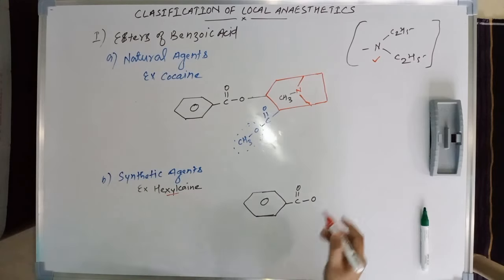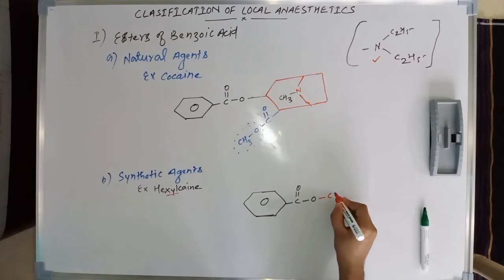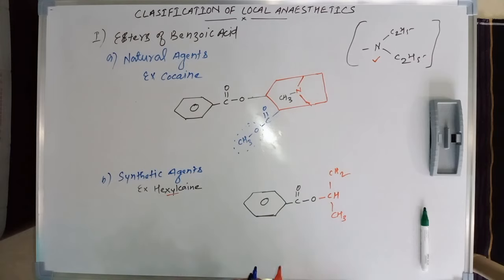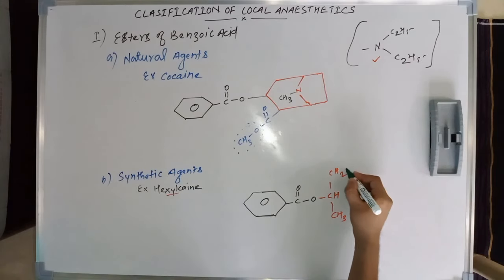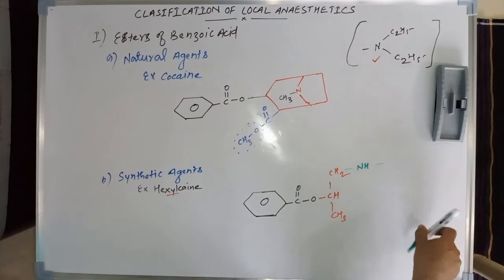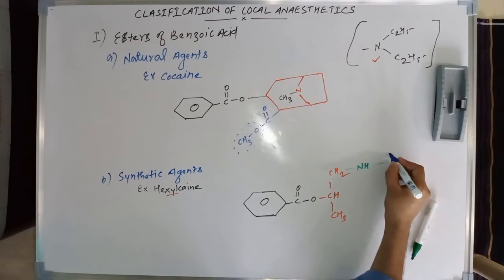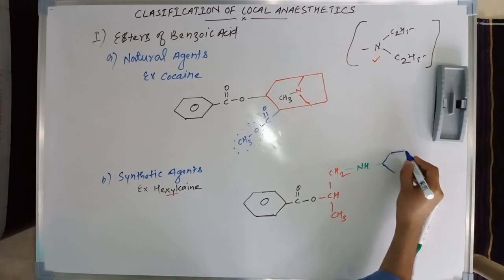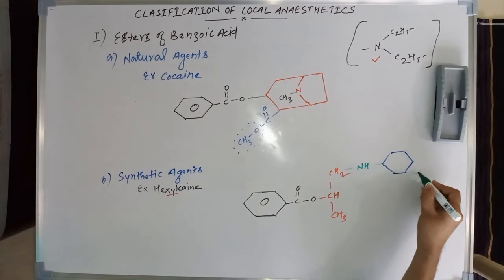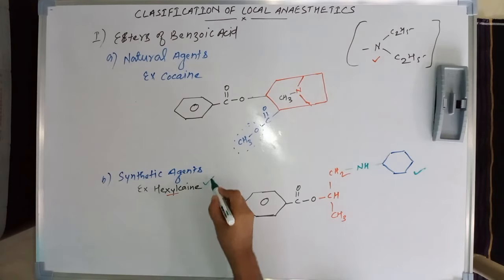The hexyl ring is present in this way: CH2, CH3, and here another NH group is present, and on this NH group there is a hexyl ring. That's why its name is hexylcaine. So this is the structure of hexylcaine.